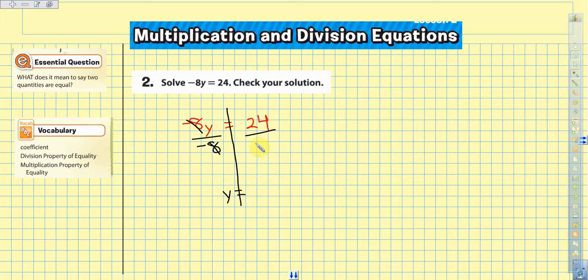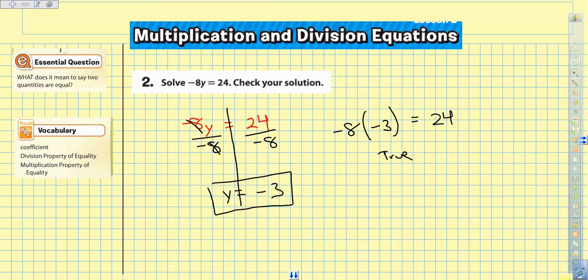And I do the same to the other side. 24 divided by negative 8, a positive and a negative, is negative 3. Okay, let's test it. Does negative 8 times negative 3 equal positive 24? Yep. So that's my answer.